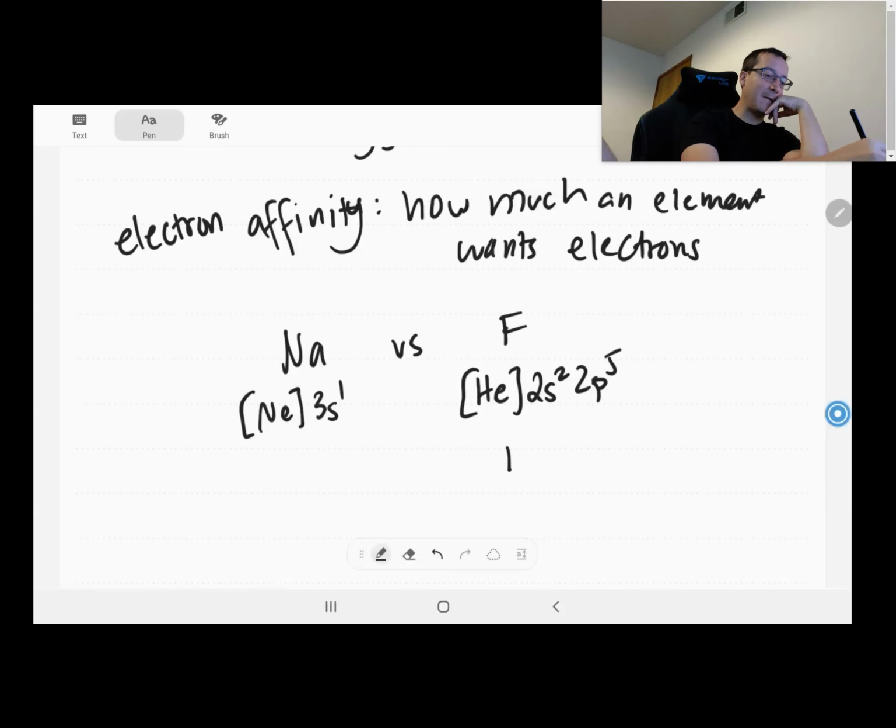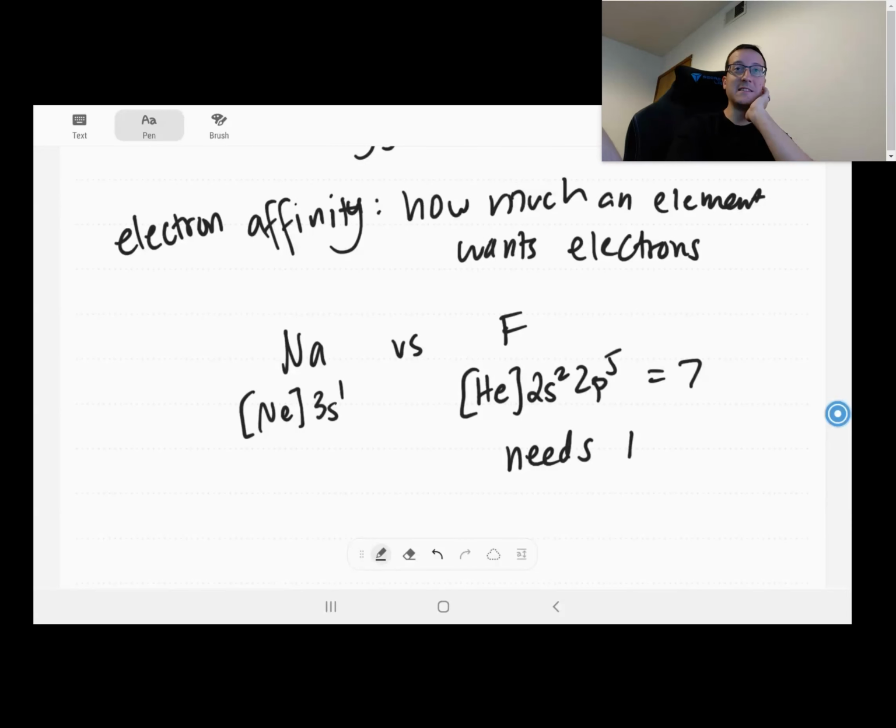Okay, I like that. 7 valence electrons, so it needs 1. Sodium has how many valence electrons? It's got 1 valence electron, so how many is it going to need to get to 8? Oh, yikes.